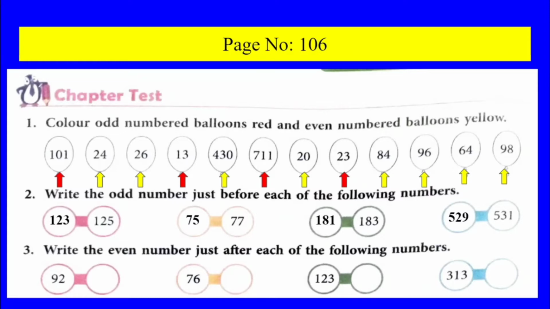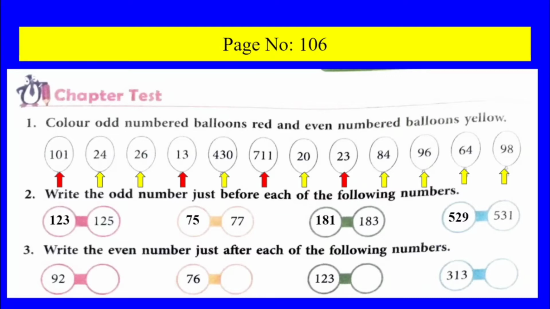So children, which number comes after 92? Yes, 93. So is 93 an even number? No, 93 ends with the number 3. Therefore, it is an odd number. So, which number comes after 93? Yes, 94.